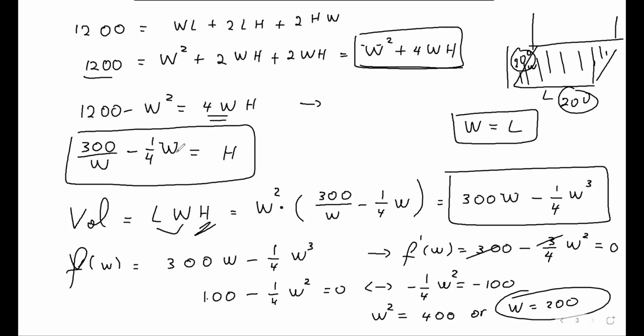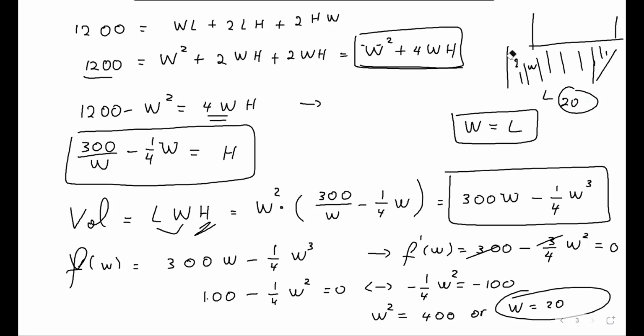So let me see if I have a mistake here. Oh, I see. So the mistake here is when I take the square root, W is not 200, but rather 20 here.